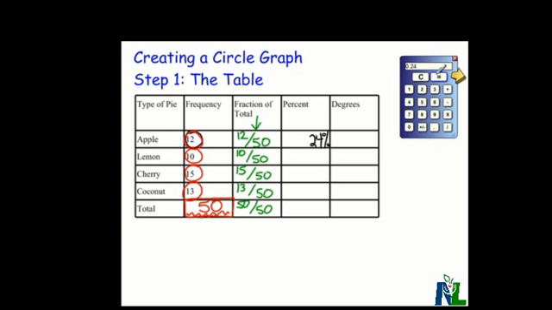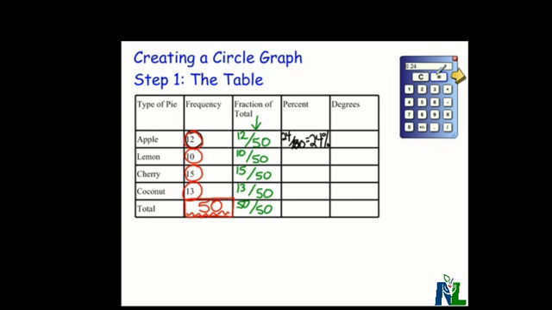However, you also could use equivalent fractions so that you change your denominator to 100. In this case, since our denominator is 50, we will double the numerator and the denominator to have an equivalent fraction of 24 over 100. So that's 24%.